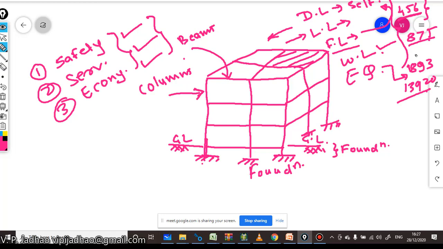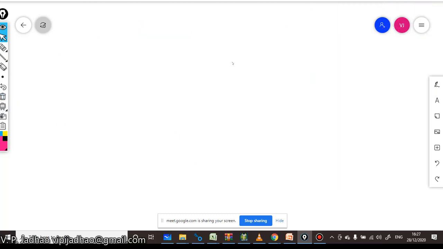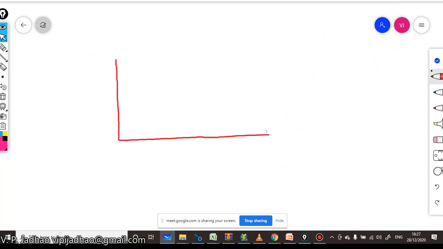Now first we will see how we should position columns in a building. Let us consider we have some plan, and we have to finalize the column positions.